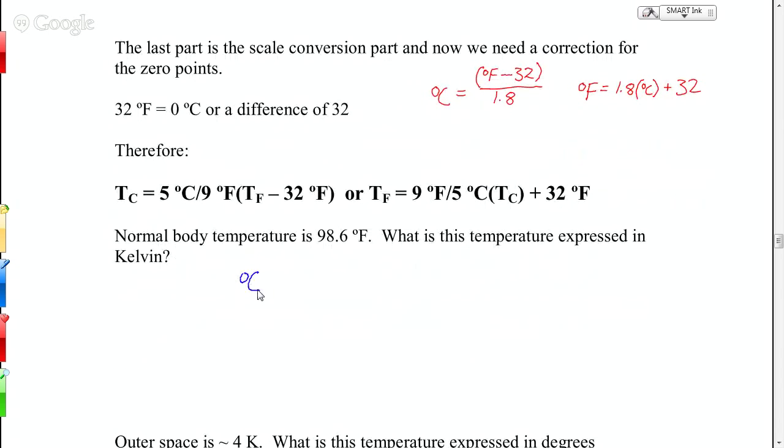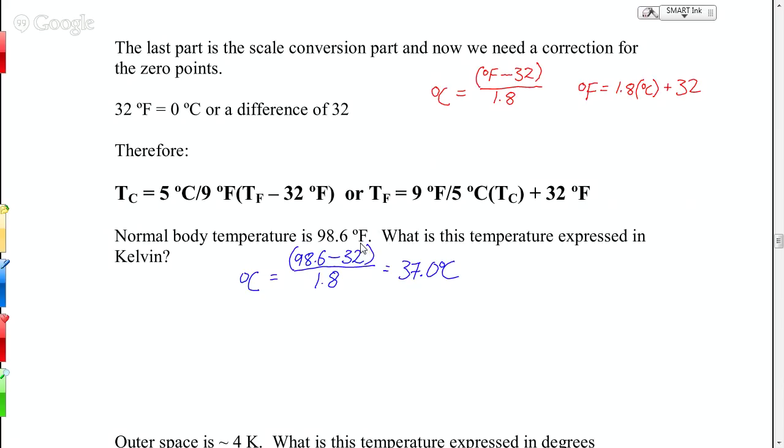That means our Celsius temperature is going to be 98.6 minus 32, and then that number divided by 1.8. And that comes out to 37.0 degrees C. Normal body temperature is 37.0 degrees C. If you do that out, keep in mind the order of operations.